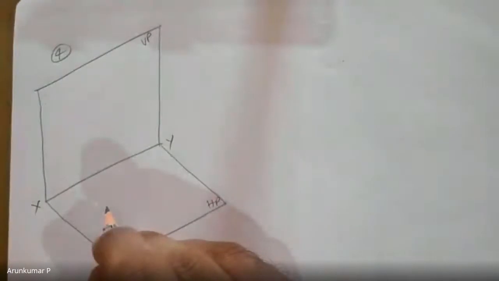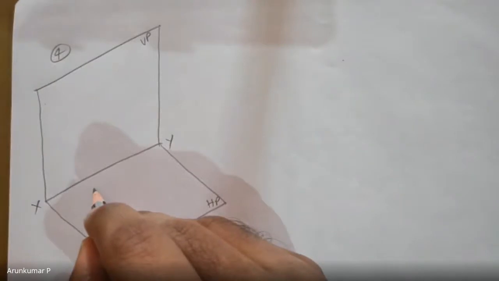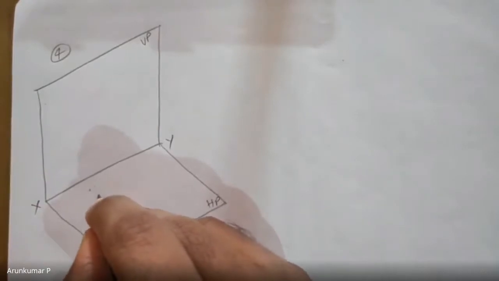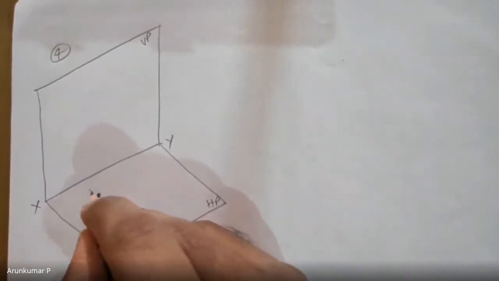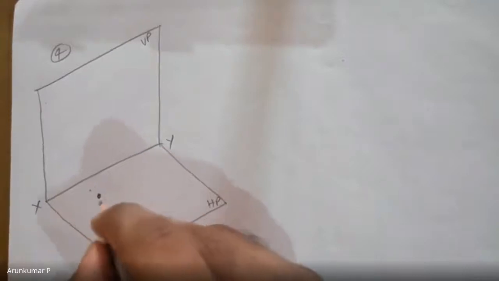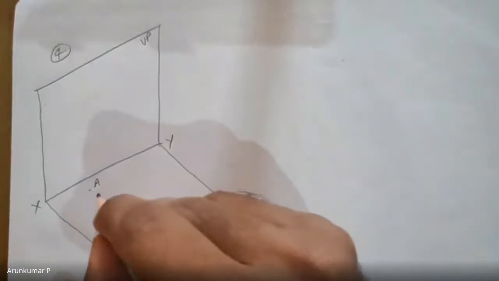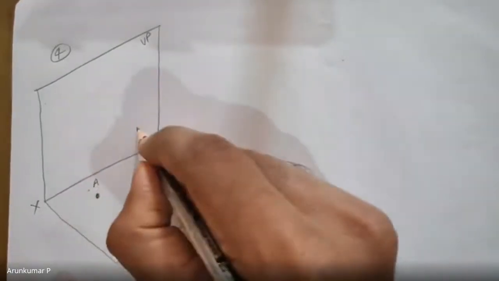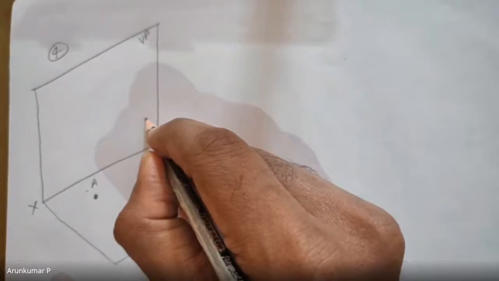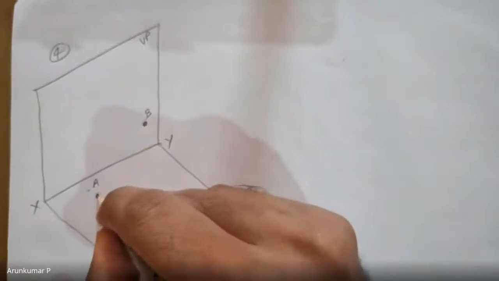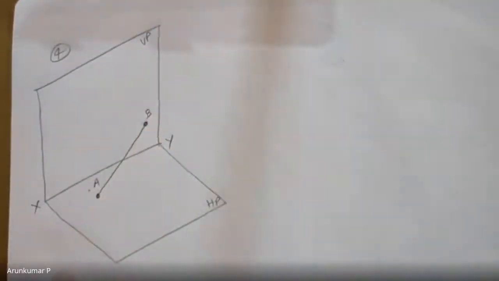So let us say that the line is like this. This is end A. And this is end B. So this is the line.